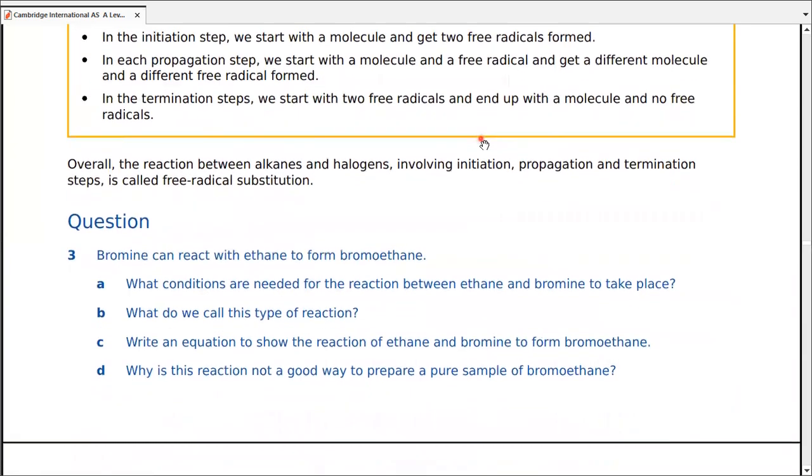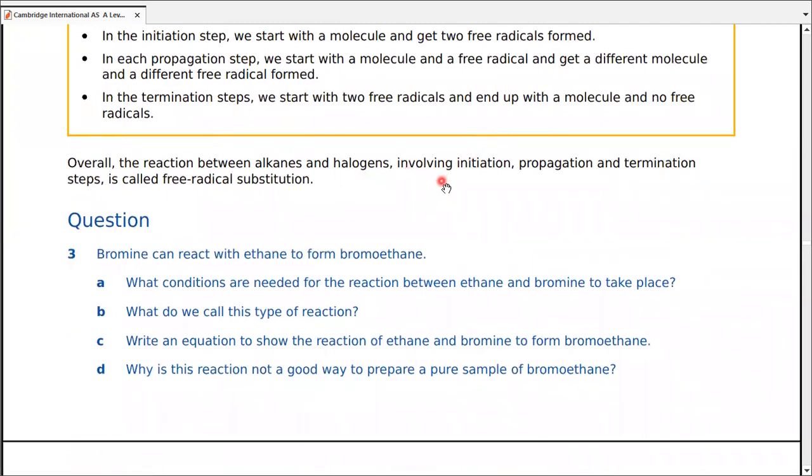So overall, the reactions between alkanes and halogens involving initiation, propagation, and termination are all known as free radical substitution. So wherever you see this word, this automatically means that there are three steps following one after another.